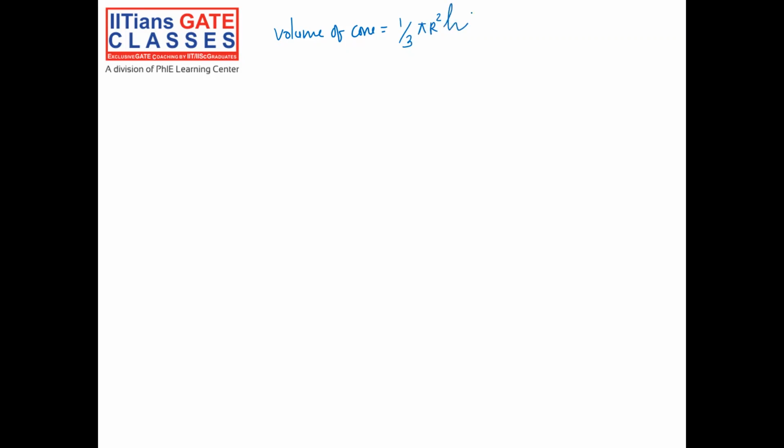Here we can put the value of R square, which we have just calculated, and we'll end up with 1/3 pi h into (2rh minus h square). This h will go inside and we'll get pi by 3 times (2r h square minus h cube). This is the volume.